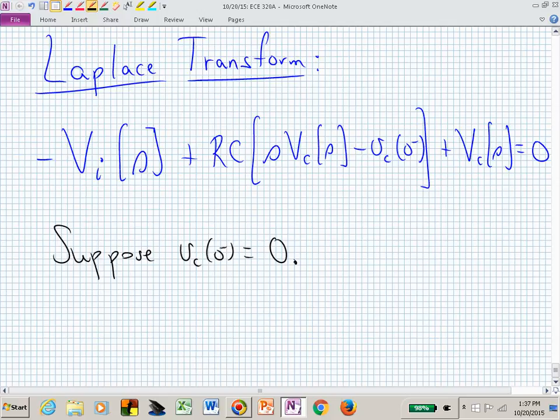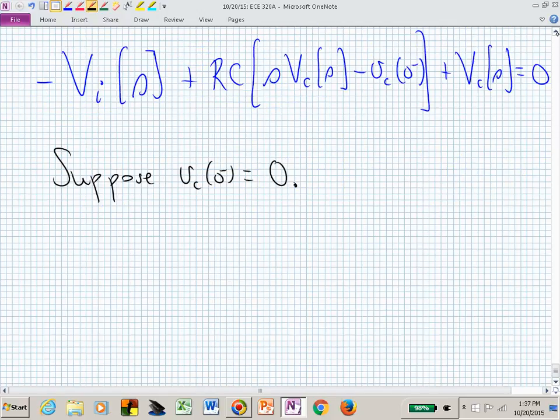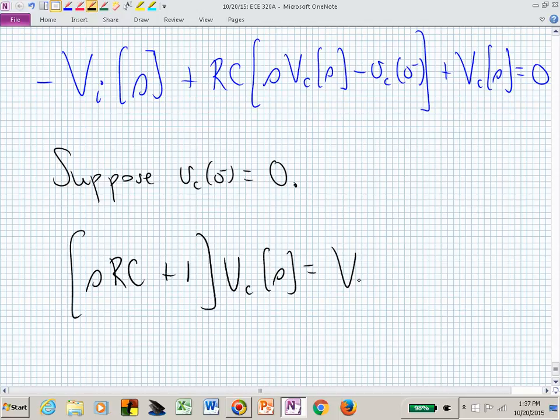Now that I have 0 for that constant, little v sub c of 0 minus, I can combine my terms that have capital V sub c of s, and I have s RC plus 1 times V sub c of s is equal to V sub I of s.